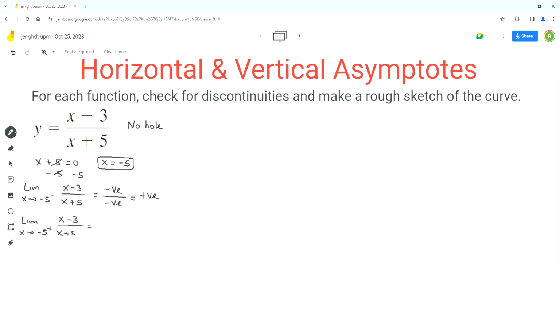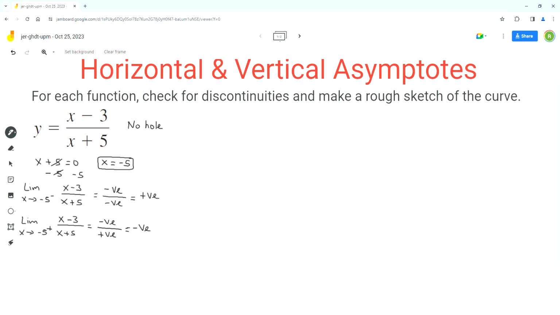If we sub in x as negative 4.9, the numerator will give us a negative value and the denominator will give us a positive value. So the overall value will be a negative number. That means to the right side of this vertical asymptote, the function approaches a negative value.